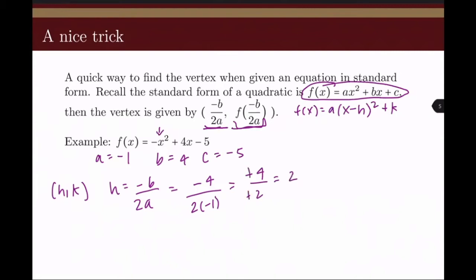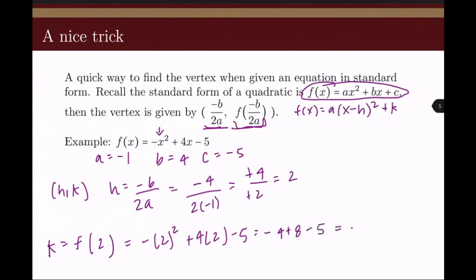Okay? And then our k is going to be f of 2, which is going to be -2 squared plus 4 times 2 minus 5, which is -4 plus 8 minus 5, which is going to be -1. So that means our vertex is going to be 2, -1.